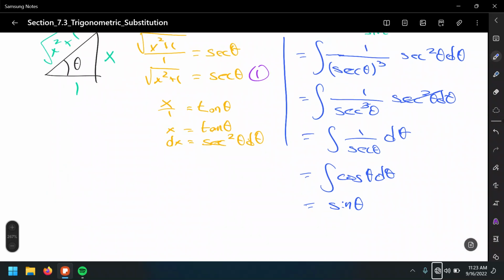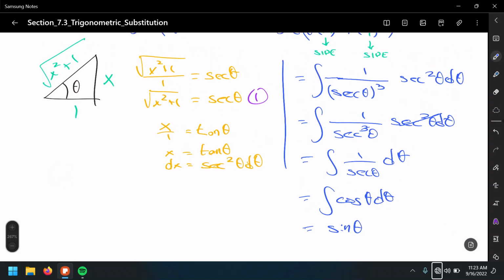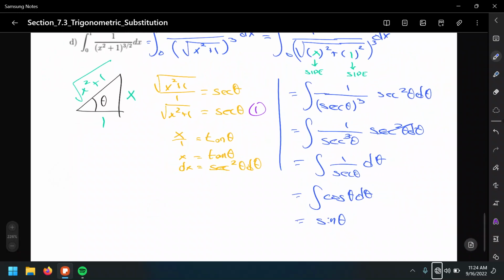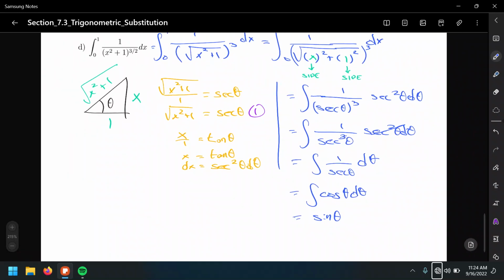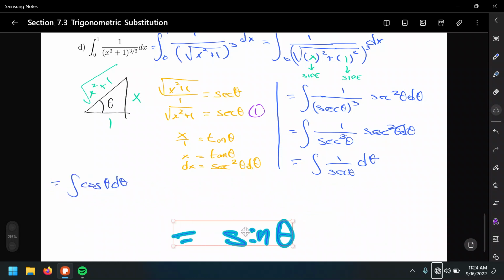So before we can evaluate the limits of integration, we need to go back to the world of x. Let me move this over here. Whoops, what happened here? It got bigger. All right.